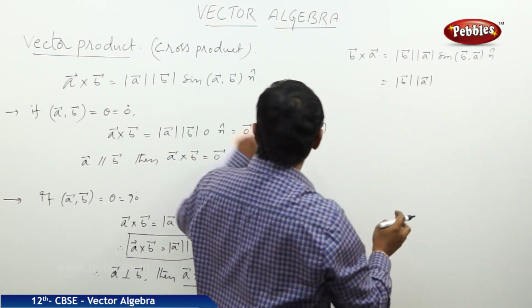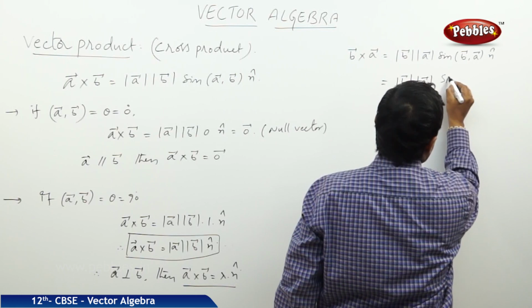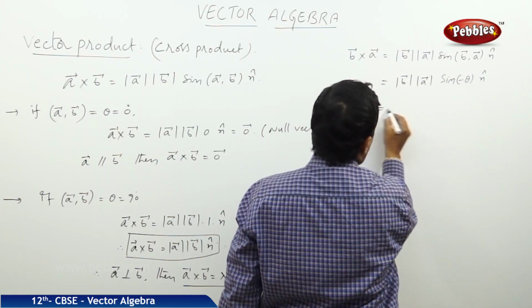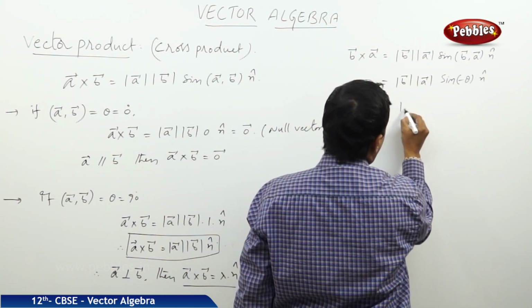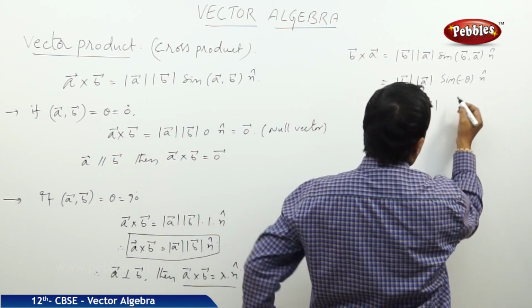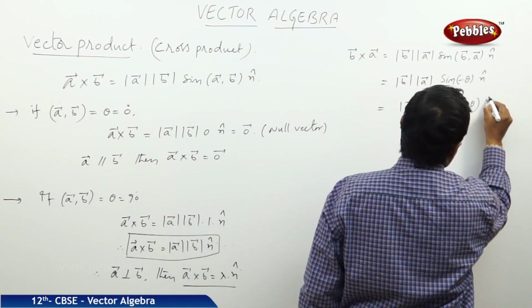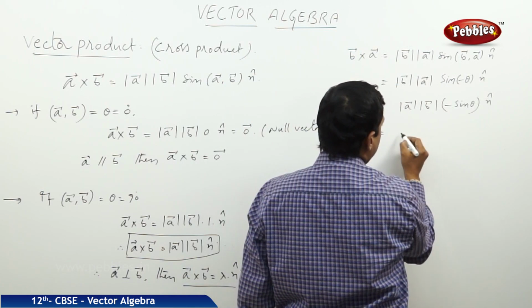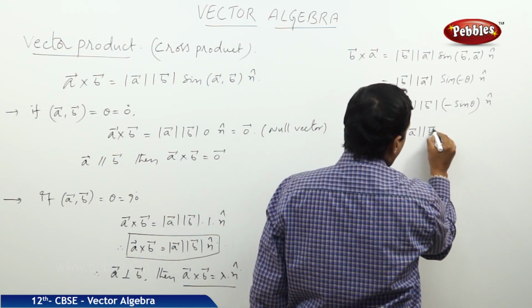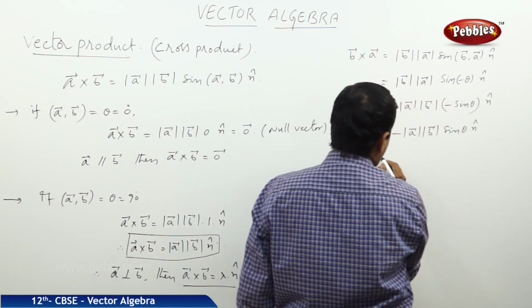Hence, if it is sin theta, it will be sin of minus theta, into n cap. Therefore, mod B into mod A, which is nothing but mod A into mod B, into sin of minus theta, is equal to minus sin theta into n cap. That is, it is minus mod A into mod B into sin theta into n cap.